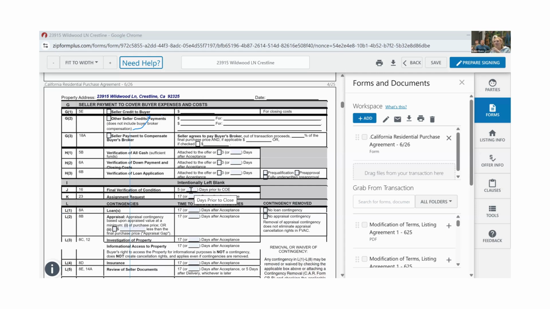You don't want to do your walkthrough too soon because then things won't be done, and you don't want to close escrow without verifying that everything that you expected works. All right, and then assignment request, 17 days after acceptance. So all these have a default timeline, but you can change them.